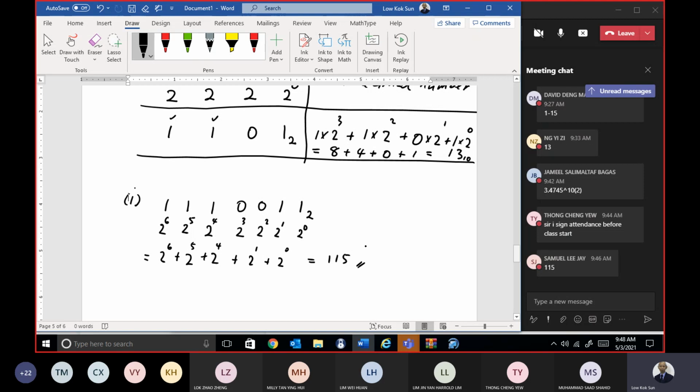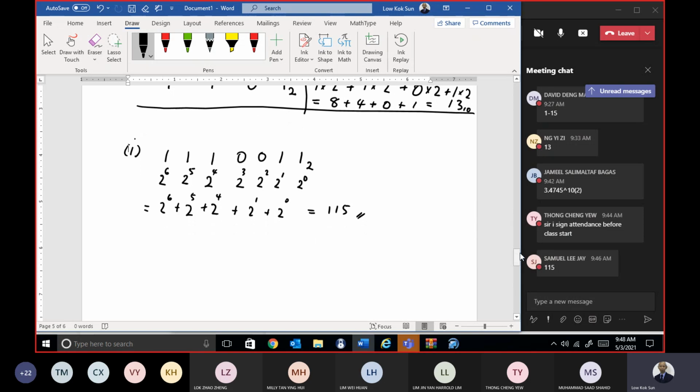They are all computer related. That's why they are important. It doesn't matter what system, we can easily convert them into the decimal system. Very easy, like what we do now. Even if it is octal, you can do the same thing. Close your eyes, just do the same thing. The calculator helps you.